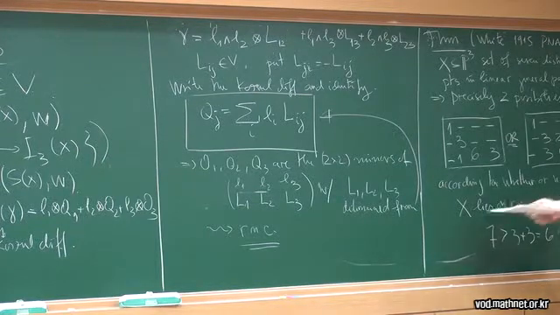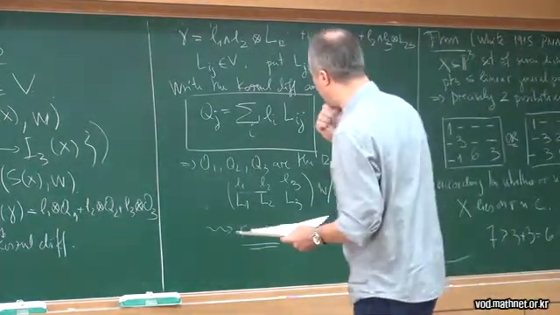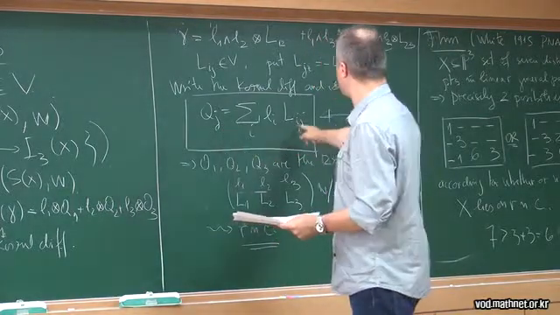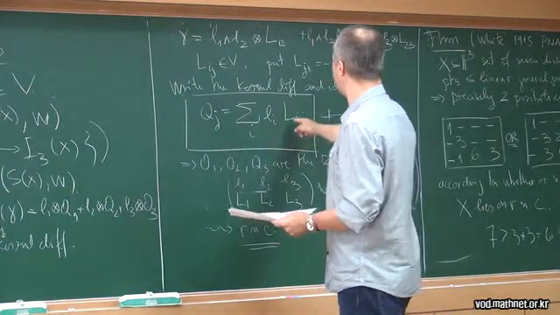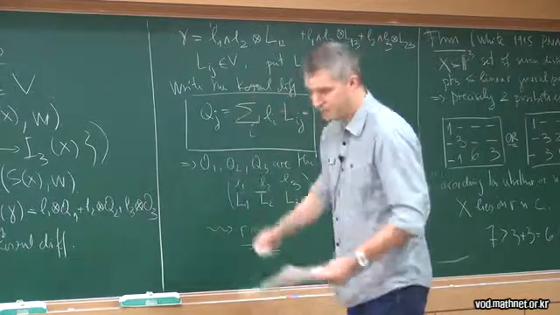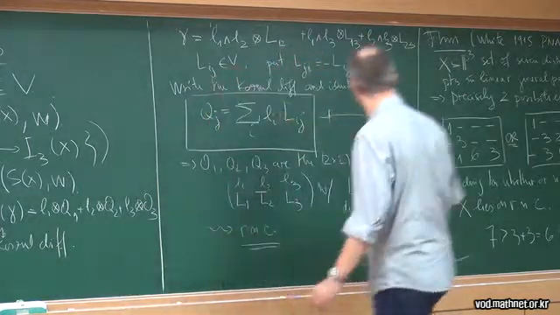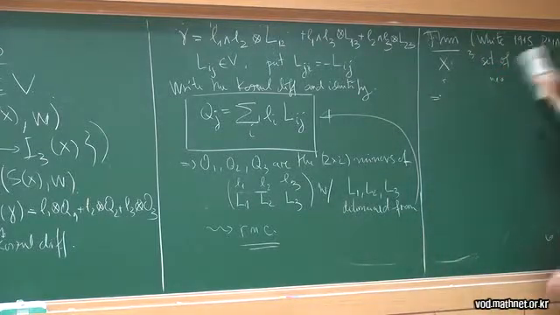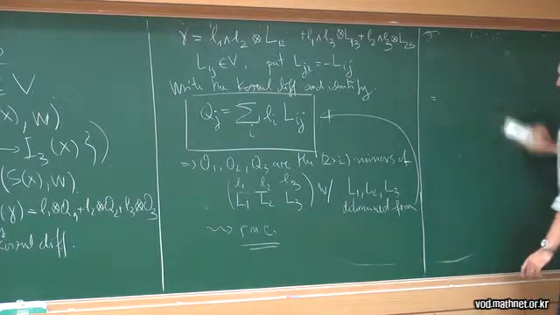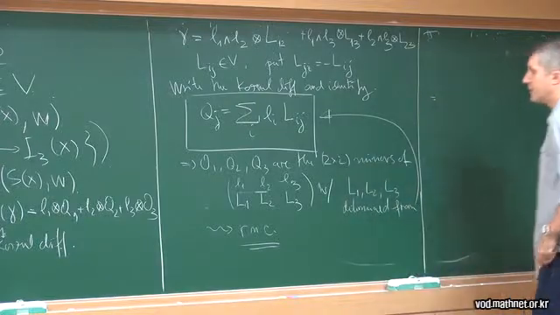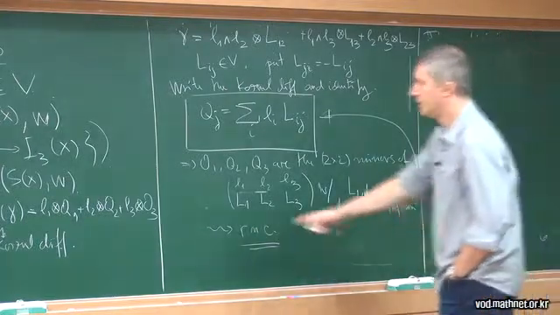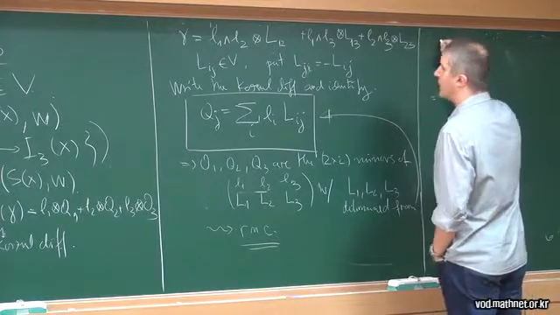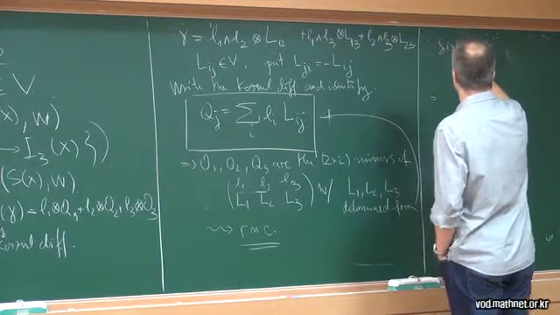How do you obtain the equality in the bound? Sorry, this one? Yeah. Well, if you write down, for example, delta of gamma. What is delta of gamma?